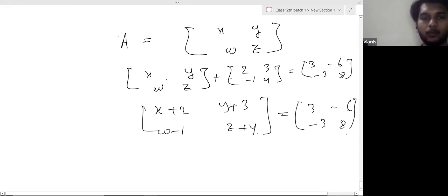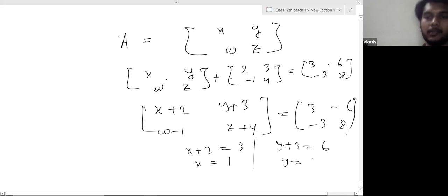All right. Now two matrices are equal. That means corresponding elements will be equal. So X plus 2 is equal to 3, so X is 1. Y plus 3 is equal to minus 6, so Y is minus 9. W minus 1 is minus 3, W is minus 2. Z plus 4 is 8, so Z is 4.